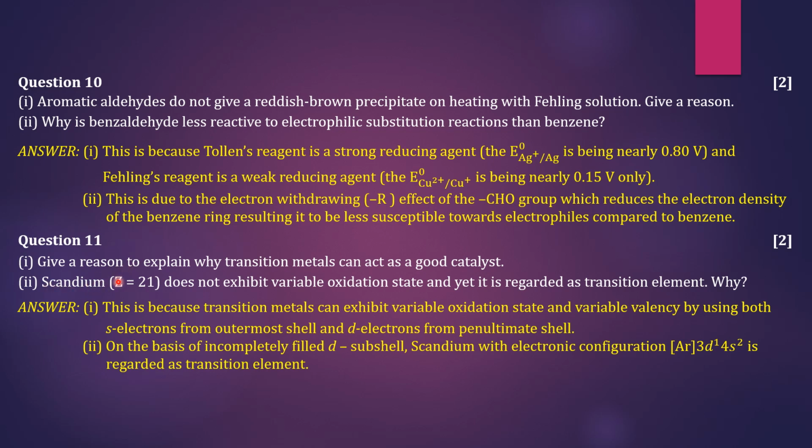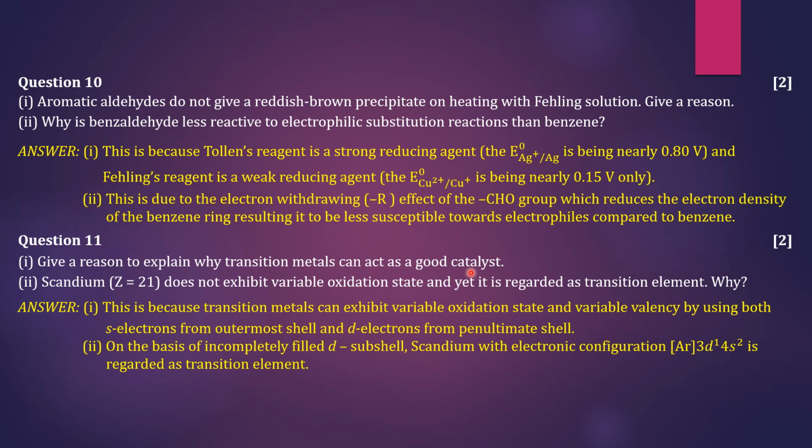Now again, a give-reason type question. So we will search for the keyword. Transition metals act as good catalysts. Here the keyword is variable oxidation state or variable valency. If you write a lot of things, like there is a vacant d orbital, unpaired electron, etc., you may get marks, you may not get marks, because each year the marking scheme by the council varies.